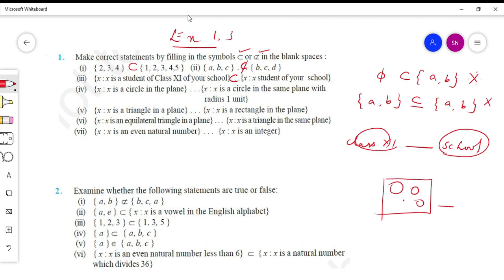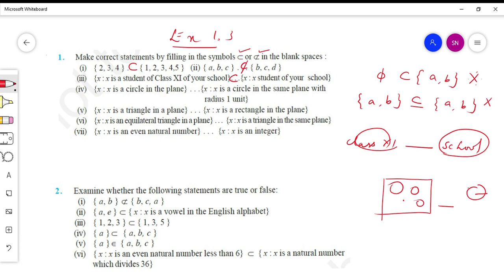So I have the bigger set first. Then they are telling there is a circle of centimeter. Okay. So can I derive a set out from a bigger set? Always remember, on the left hand side you have to have a smaller set.